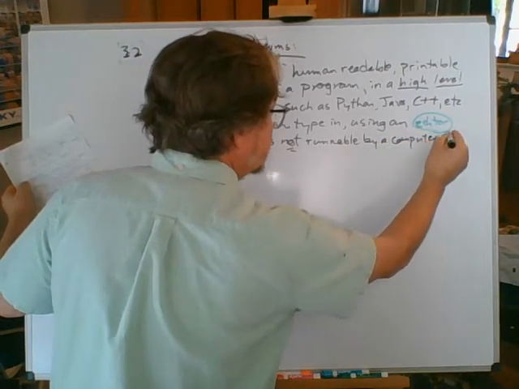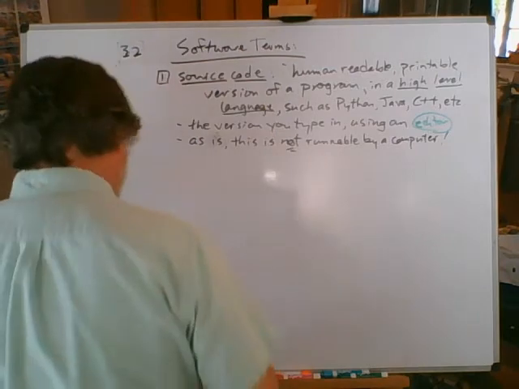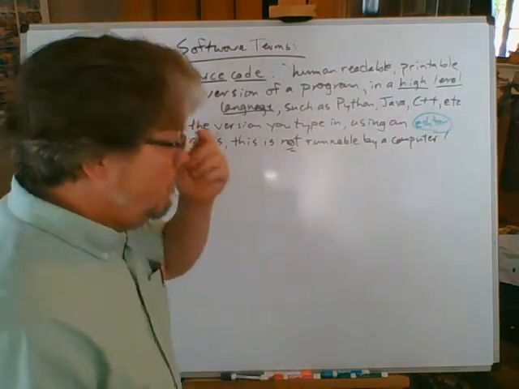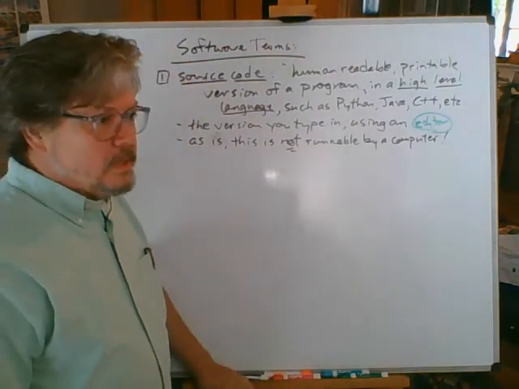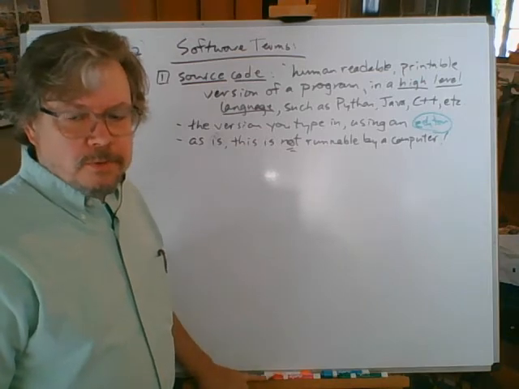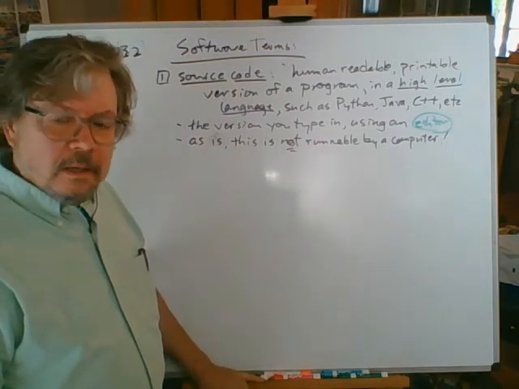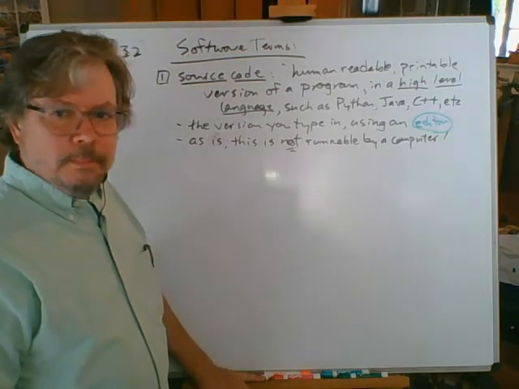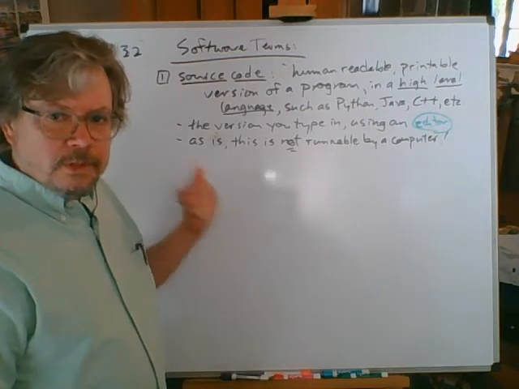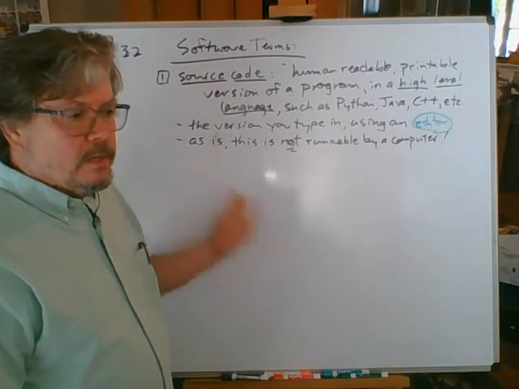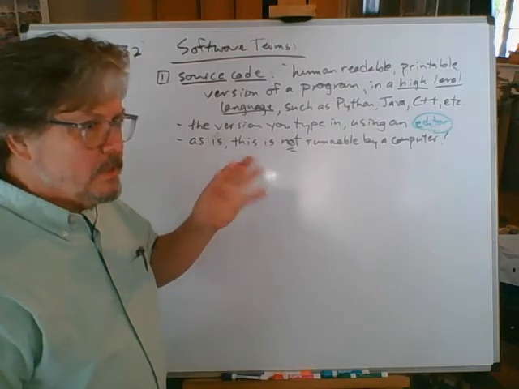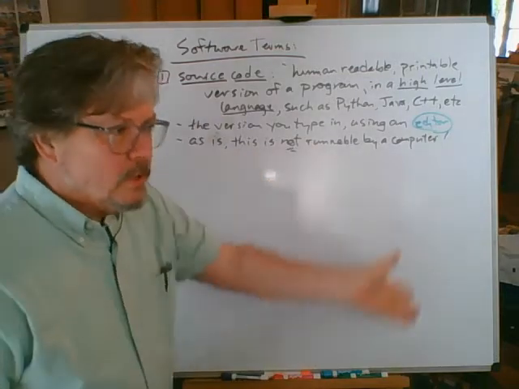Computer, I'm going to put an exclamation point. The source code itself, it's actually a vulgar concession to us meat-based processors here. It looks kind of like English. It has stuff that we understand, but the computer can't make heads or tails out of it. This is for our benefit. This is so that we can express ourselves in something that sort of makes sense to us. We can express ourselves to the computer.